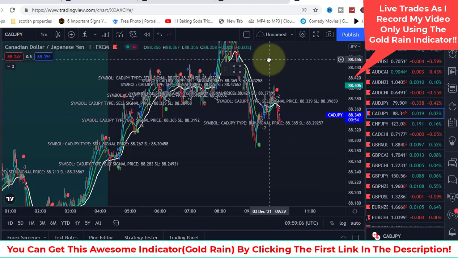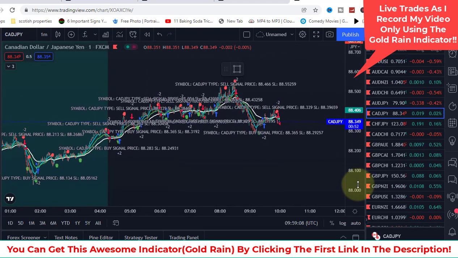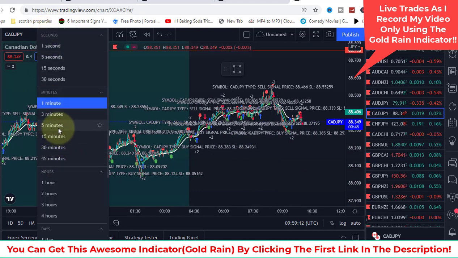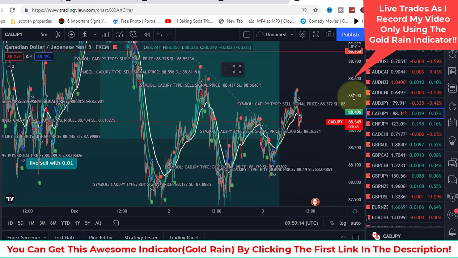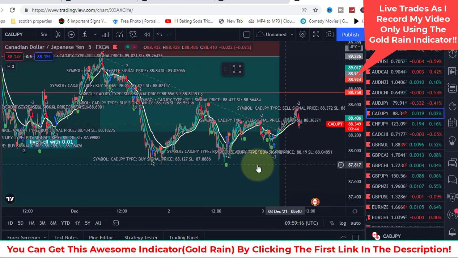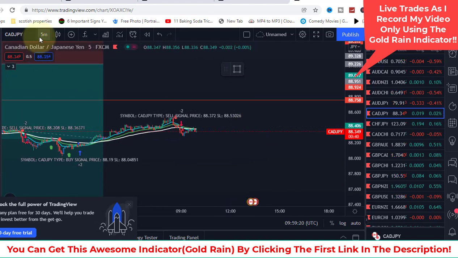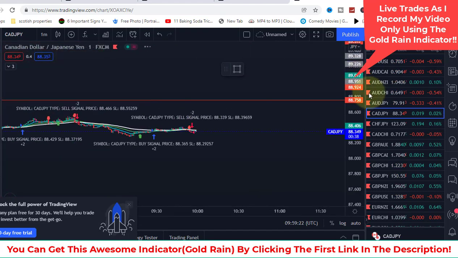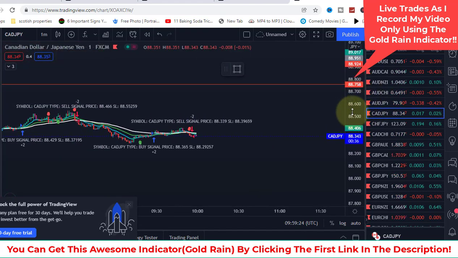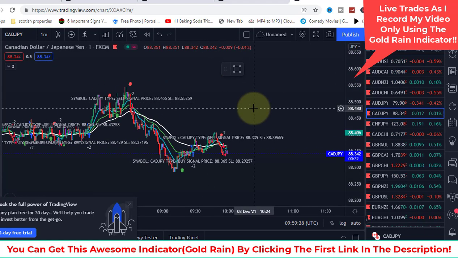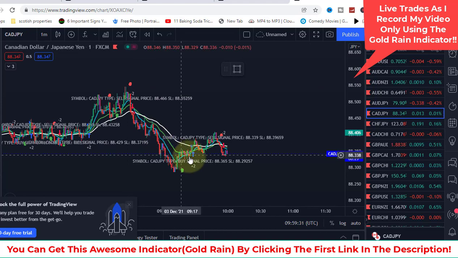Let me try a bigger time frame. It's a bit tricky with CAD JPY, but we're still going to go with the indicator. That's the whole point: in different market conditions, we try how this indicator works.